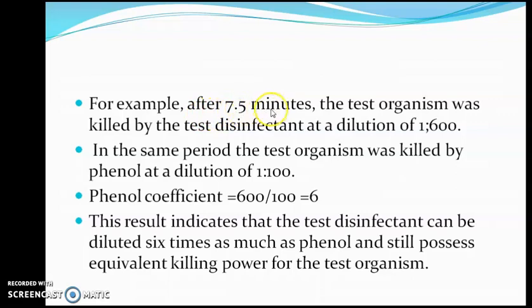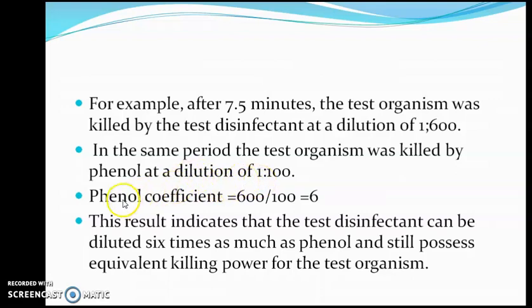So after 7.5 minutes, the test organism was killed by the test disinfectant at a dilution of 1:600, and in the same period, that is at the 7.5 minute, the test organism was killed by phenol at a dilution of 1:100.